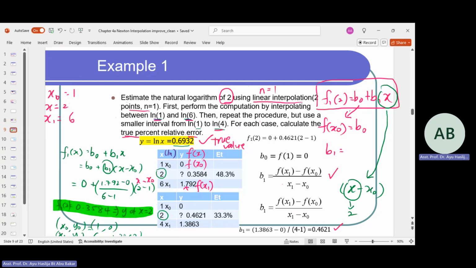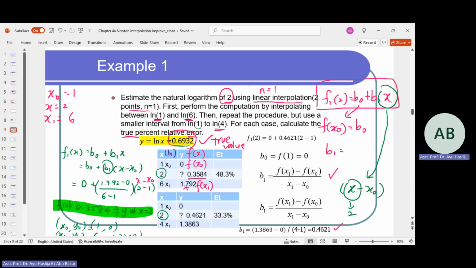So the true value, which is 0.6932, minus your calculated value, 0.3584. So true value minus the approximate value.